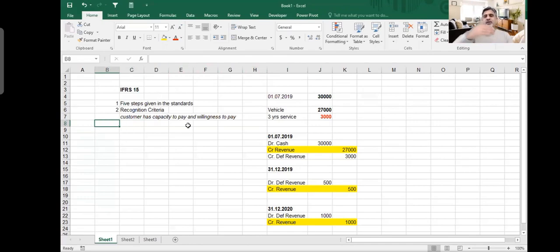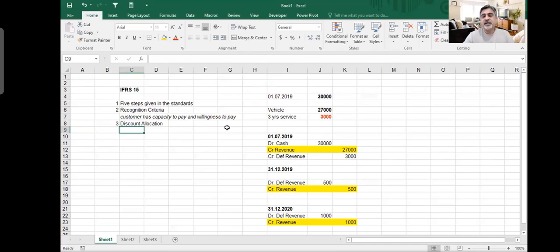I'm making a quick recap because you have already watched 90-minute lectures, actually 1 hour 56, almost 2 hours of lecture on IFRS 15. Today I'm just making a quick recap. Number 3, which you should be very competent in, would be discount allocation, how to allocate the discount between different performance obligations.